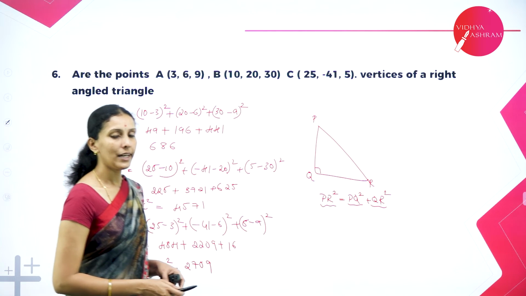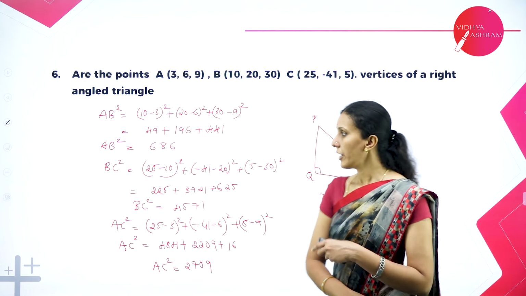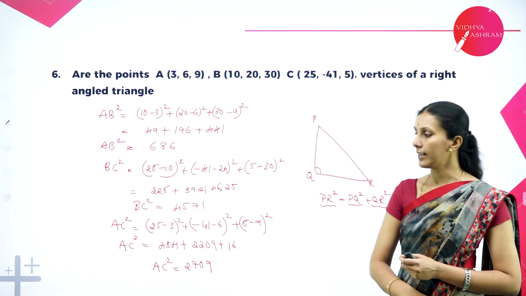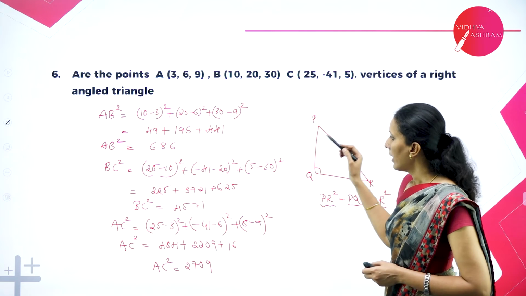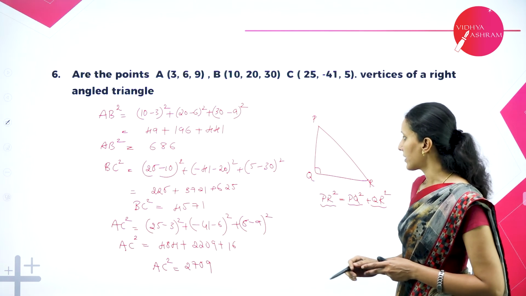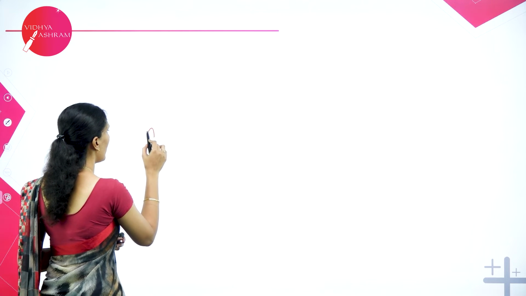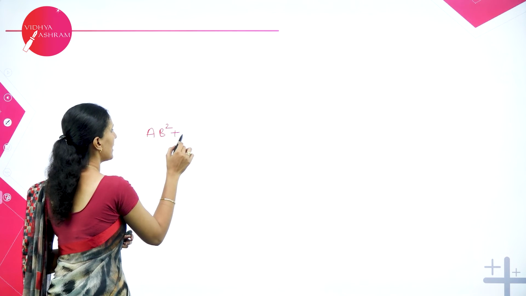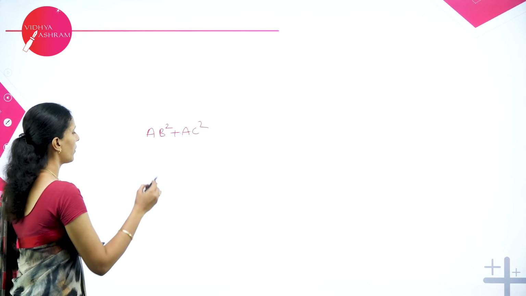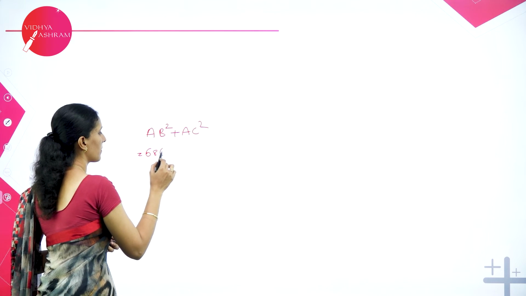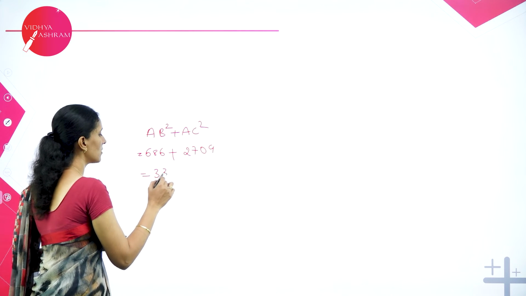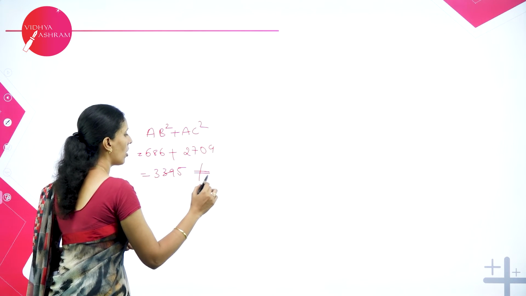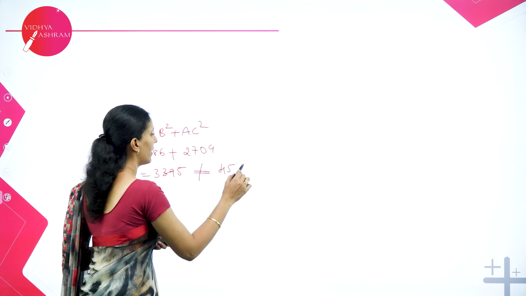Now clearly, just verify here, when you add any two sides, will you get the third side? So the maximum value is BC square. So let's add AB square plus AC square now. AB square is 686 and AC square is 2709, whose value is 3395, and this is not equal to 4571.